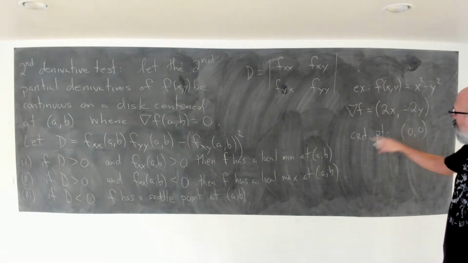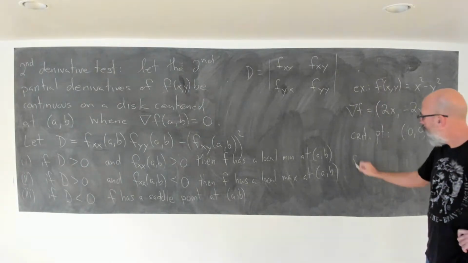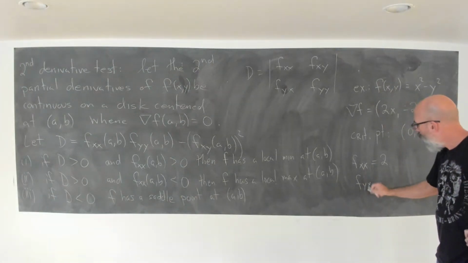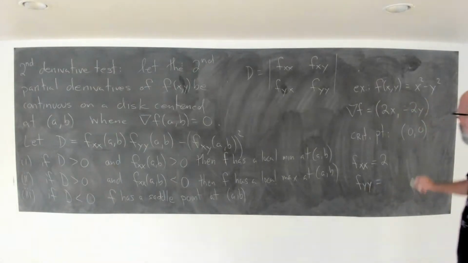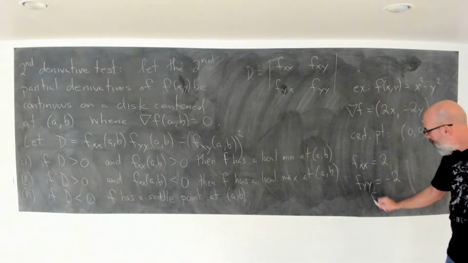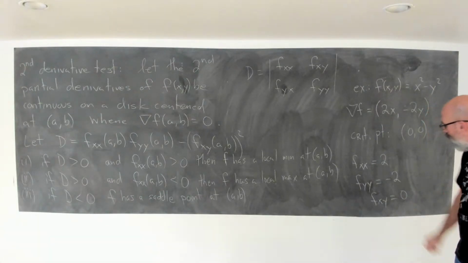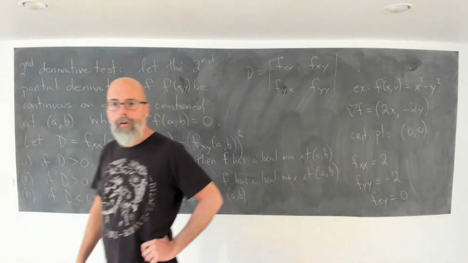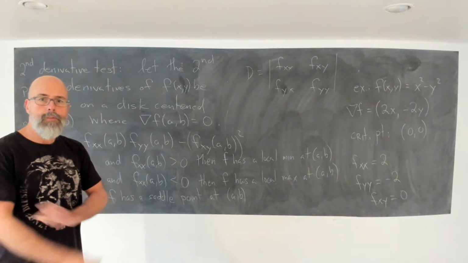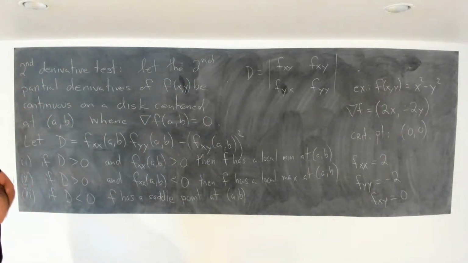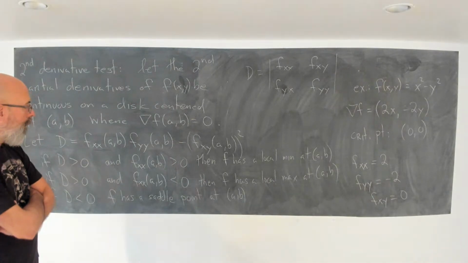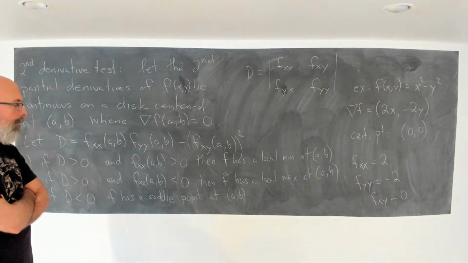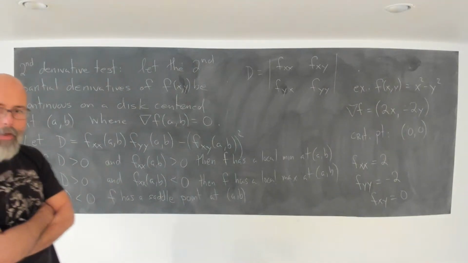Let's classify the origin using the second derivative test. f_xx is easily seen to be 2. f_yy is easily seen to be minus 2. And f_xy, which is equal to f_yx, is 0 as well. There's no simple geometric argument for this, so that's why I'm offering it without proof.